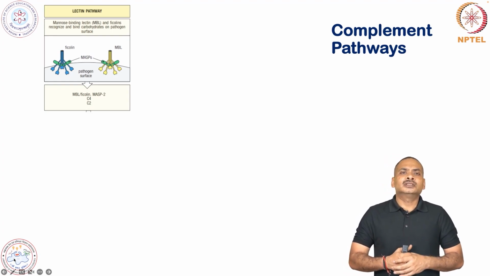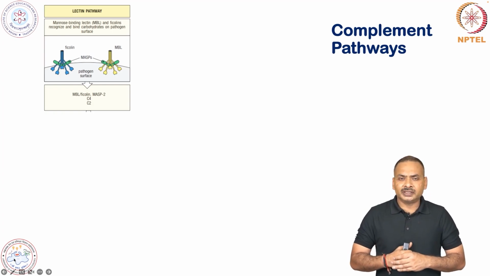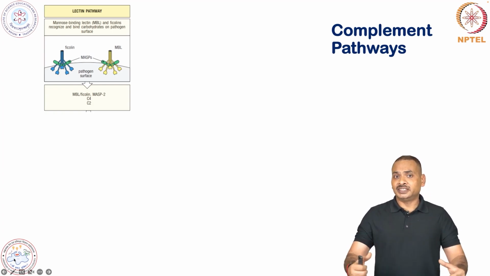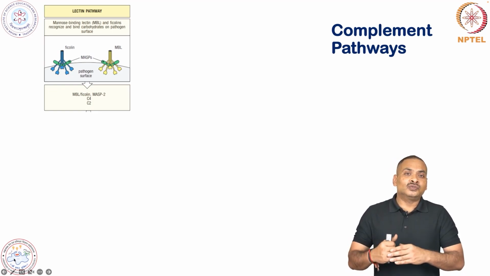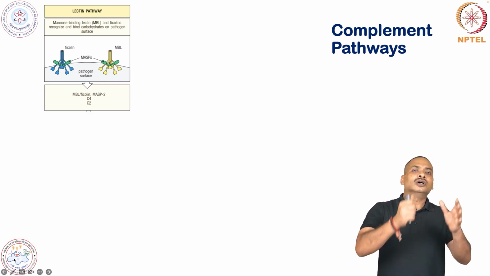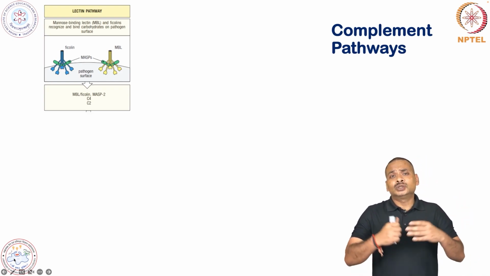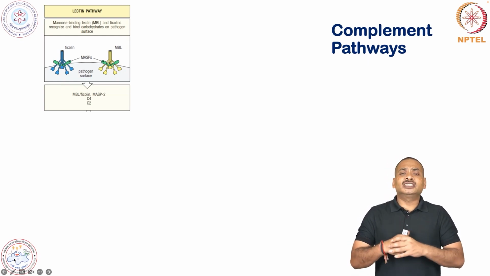Please remember, the aim of all these three complement pathways, alternative, classical, or lectin, is to make C3 convertase. And what is C3 convertase?